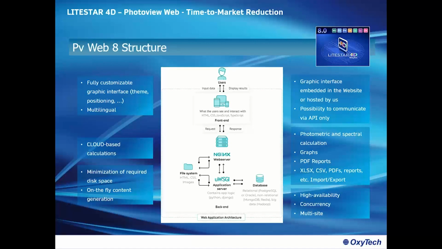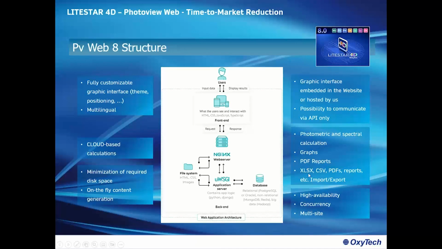In the first case, the photometries have to be uploaded to the Oxytec server. In the other case, the photometries can be placed wherever the manufacturer is willing to place the basic files. So, as we introduced the possibility to communicate via API only, photometric and spectral calculation, graphs, PDF reports.